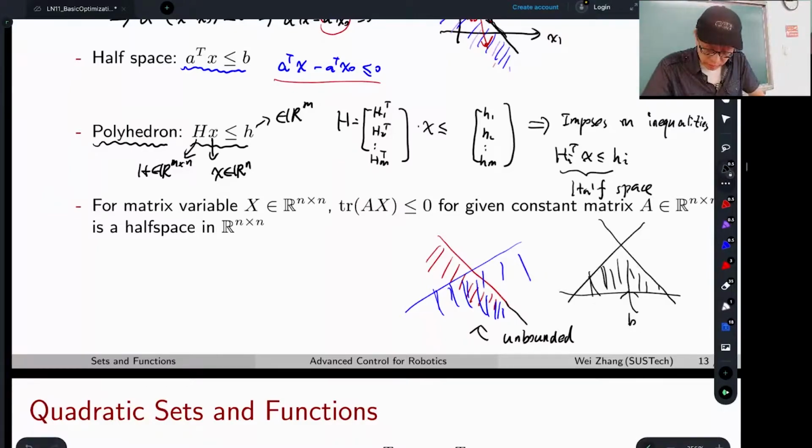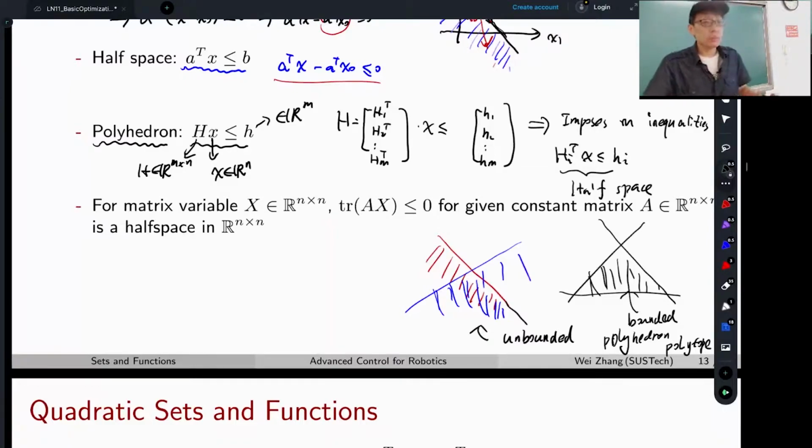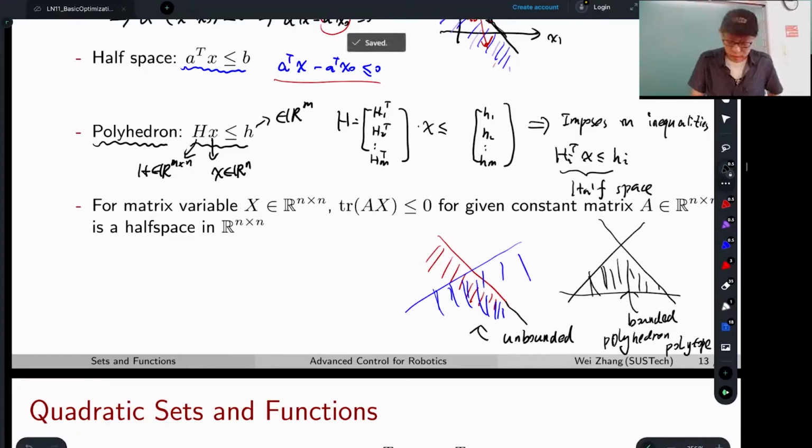A bounded polyhedron will be called a polytope. But I don't think people use that very precisely. I often get confused, but just let you know there are some subtleties about polyhedron, polytope, polyhedra. Those terminologies sometimes confuse you, but I think you need to know bounded and unbounded. Sometimes they give you different results.